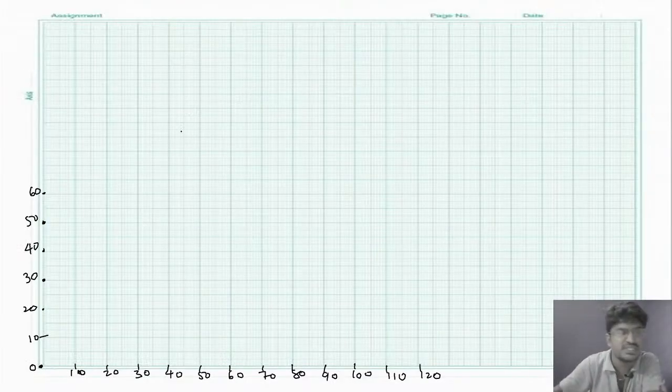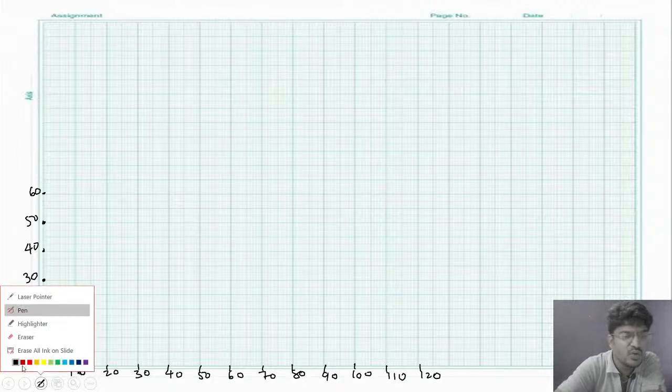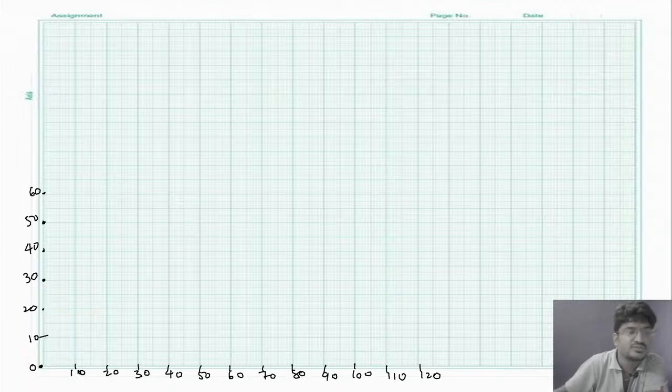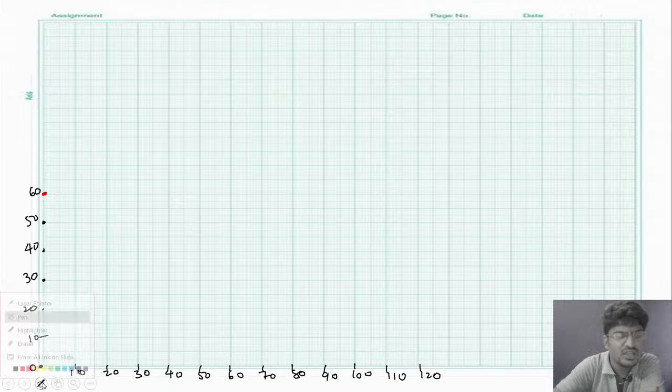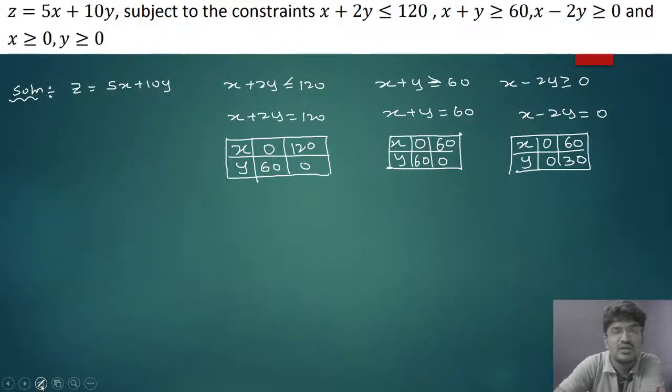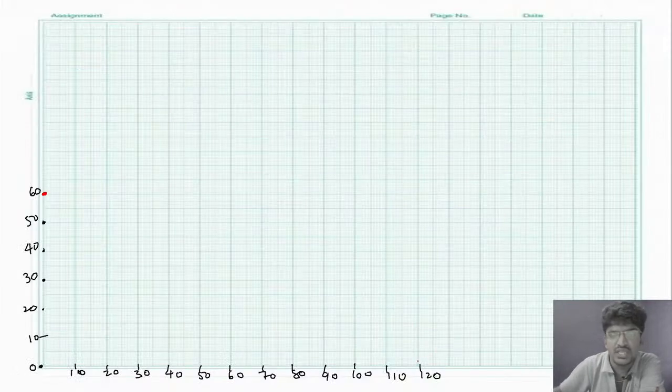X is 0, y is 60. So the first value is x is 0, y is 60. And the another point is x is 120, y is 0. Okay, x is 120, y is 0.